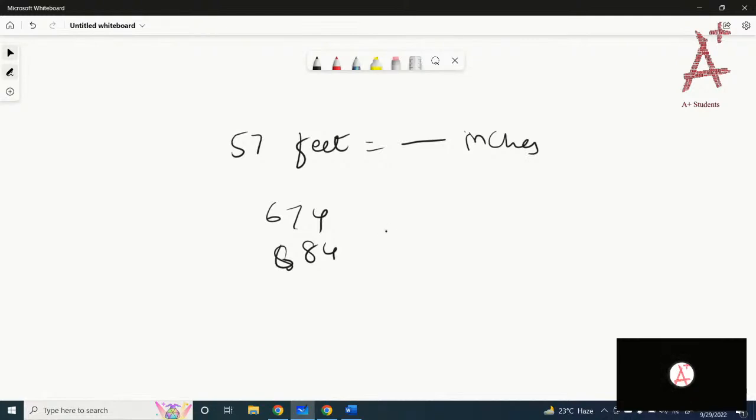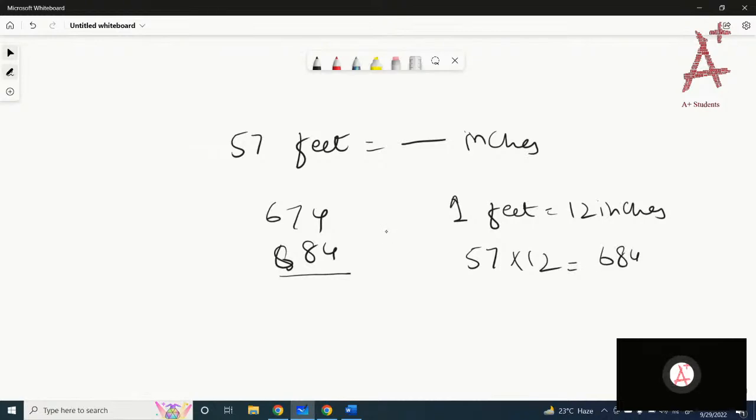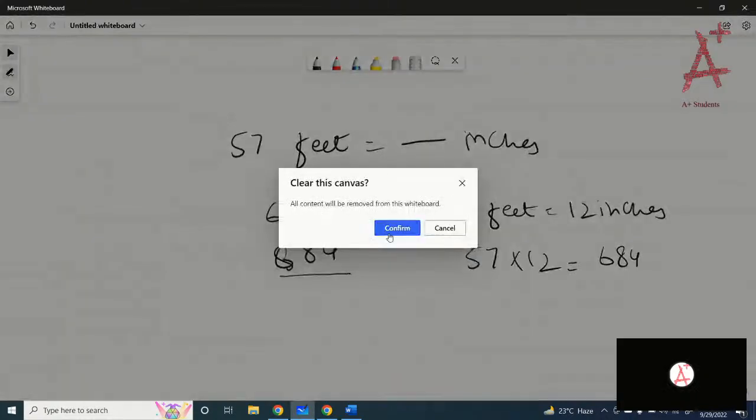The second one is the correct one, 684, because we know that in 1 foot we have 12 inches. So you have to do 57 times 12. Got it? So 57 times 12 equals 684. So the correct option is 684. So select the correct option and move on to the next question.